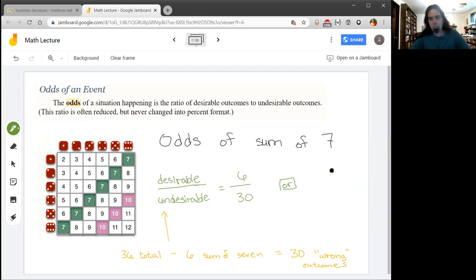We can divide top and bottom by 6 and say 1 to 5. We could also rate this, especially if you're betting on horses or taking an SAT test, as 1 to 5, or even using the words 1 to 5.